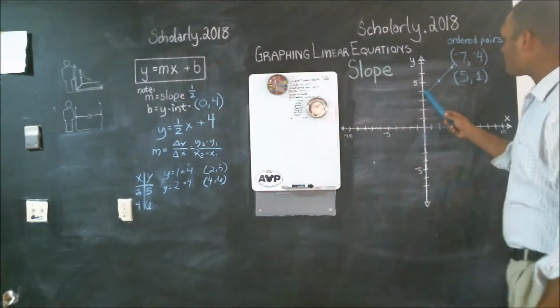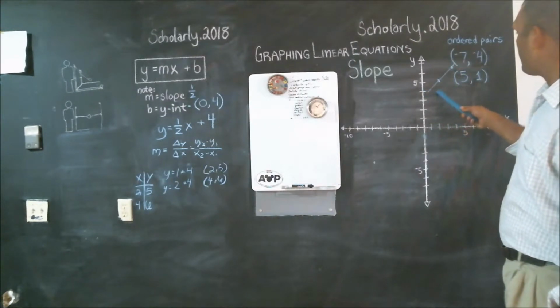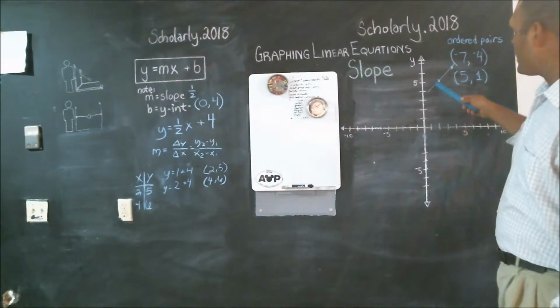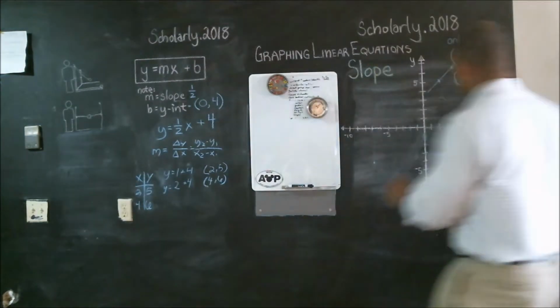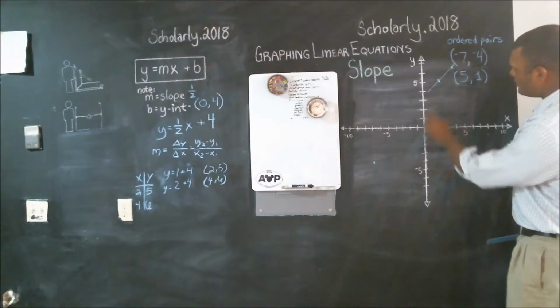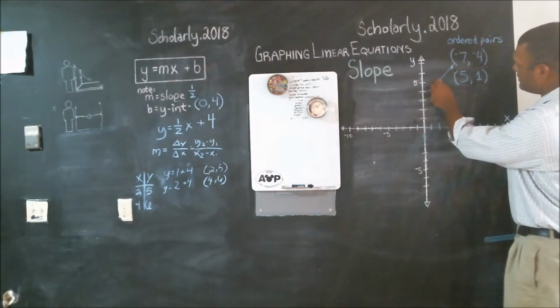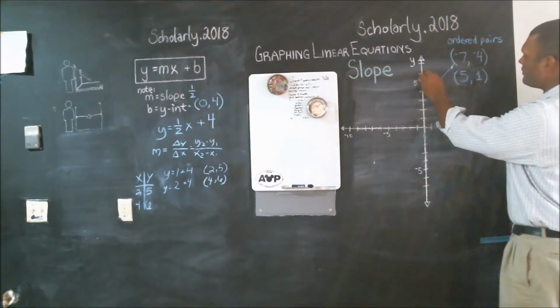Now, what I have here, if I'm going over 2 and I go up 1, okay? Watch this. I want you to see this. So down here we have from this point, our 2, 5, we'll write that 2, 5 as our point here.